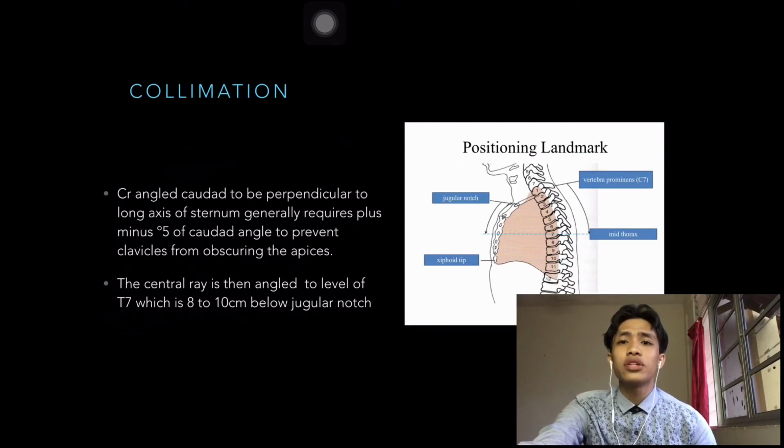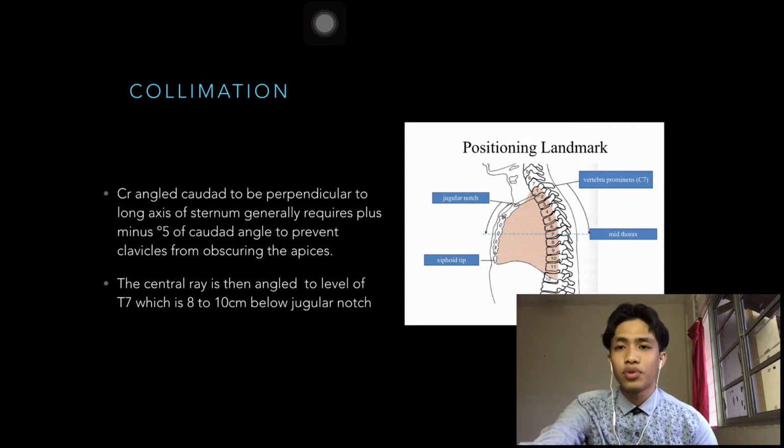The next one is collimation. Collimation means we must project the central ray correctly. The central ray angled caudad, perpendicular to the long axis of the sternum, generally requires plus or minus 5 degrees of caudad angle to prevent the clavicles from obscuring the apices.